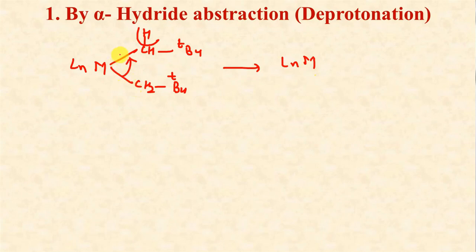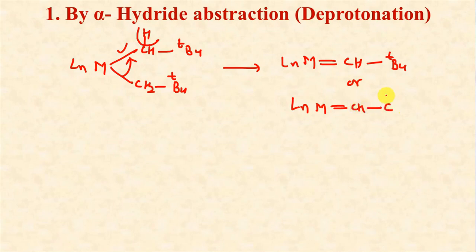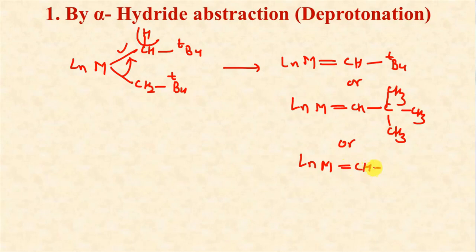Initially there was a single bond, now we have a double bond to C, with only one H because one H is lost, and this is now attached to this tertiary butyl. In expanded form it can be written as double bond CH, C, CH3, CH3, CH3, or we can also write it as LnM double bond CH C and CH3 thrice.